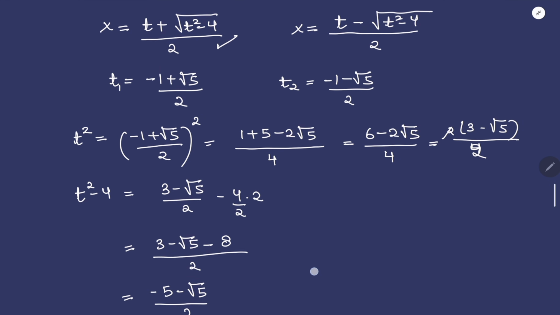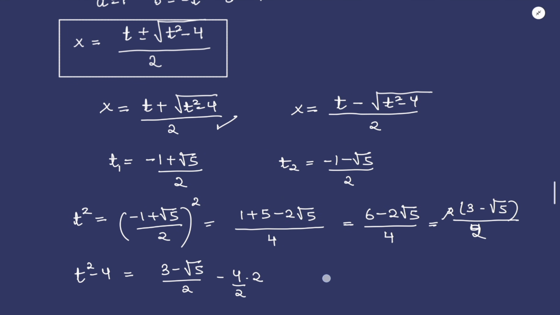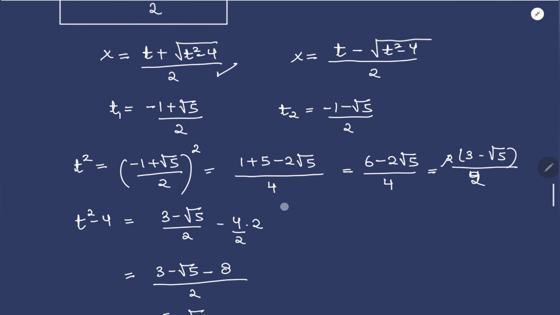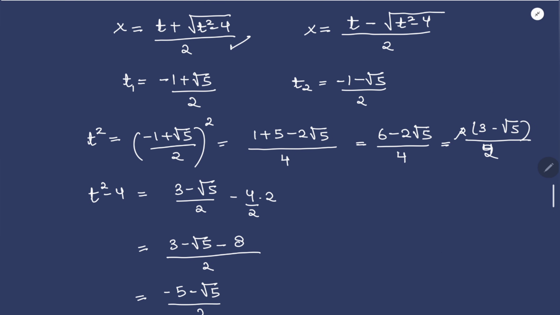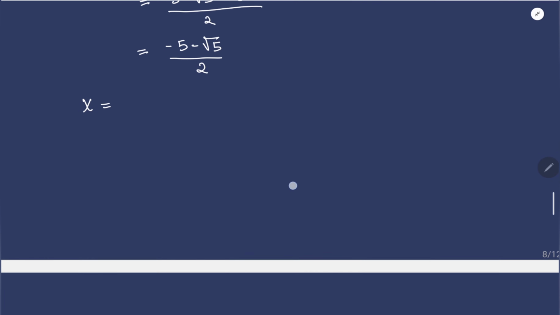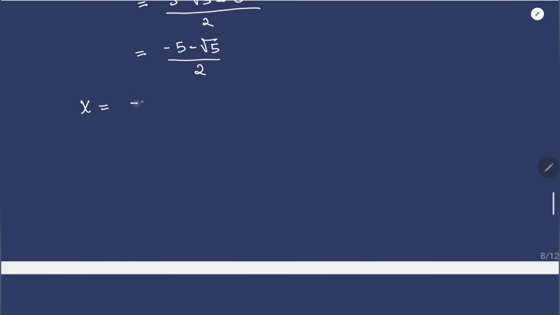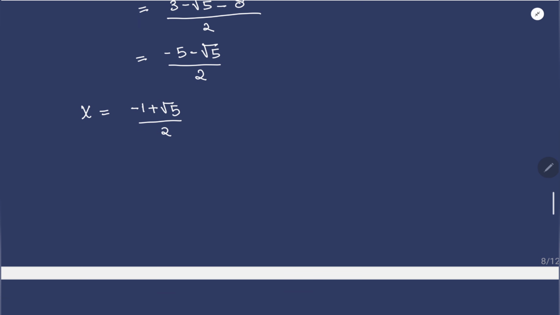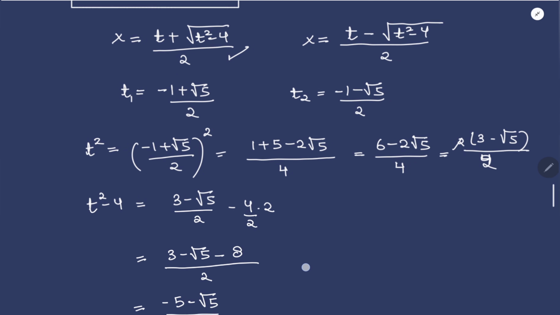Now I will substitute in this x. What is x now? x is t plus under root t square minus 4. So what is t? t is (-1 + √5)/2. We use this value in t, (-1 + √5)/2, plus under root of t square minus 4.